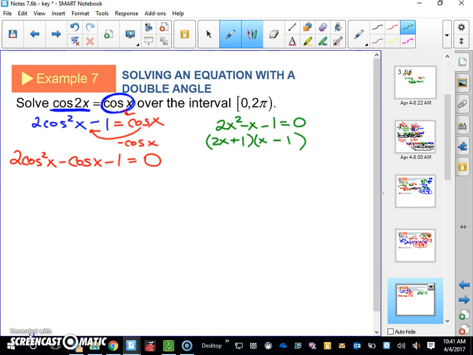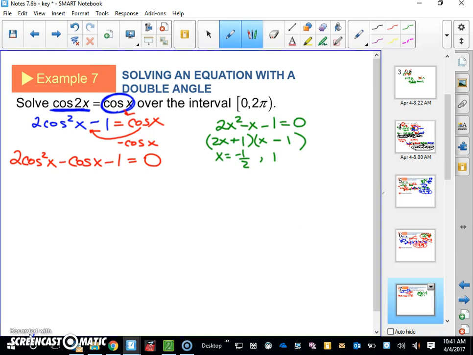But you factor that, and then you can see that x is going to equal -1/2 or +1. If you don't know how to factor that, you can always use the quadratic formula. So I'm going to factor. Maybe you want to use the quadratic formula. It doesn't really matter. But we're shooting for that -1/2 and that 1.